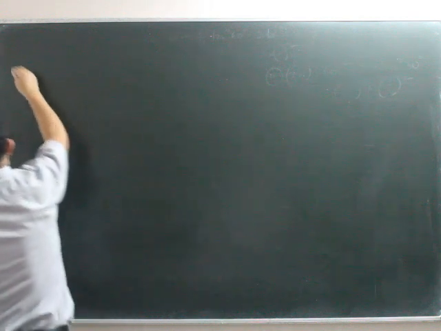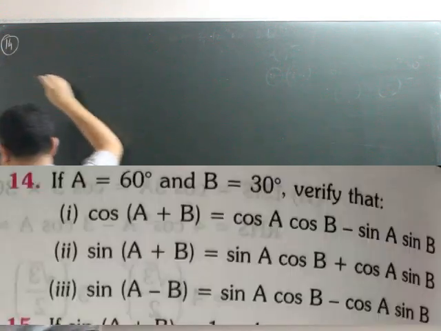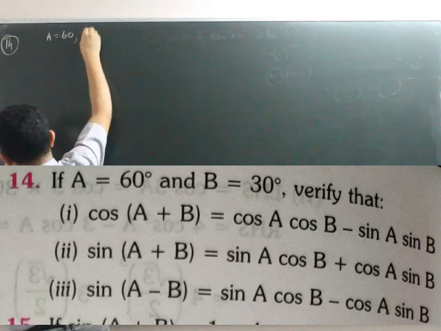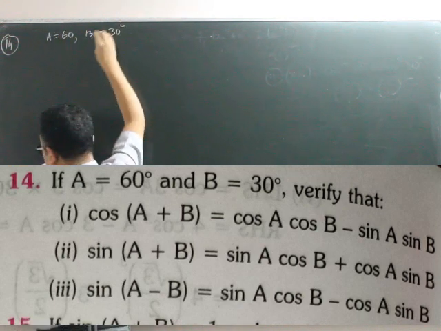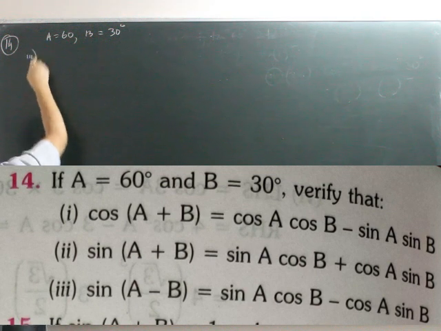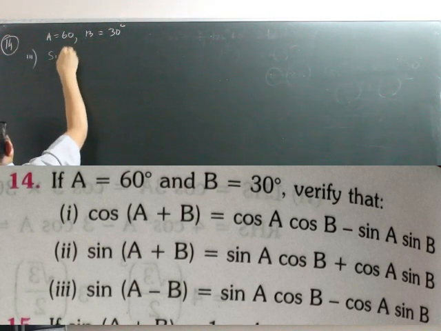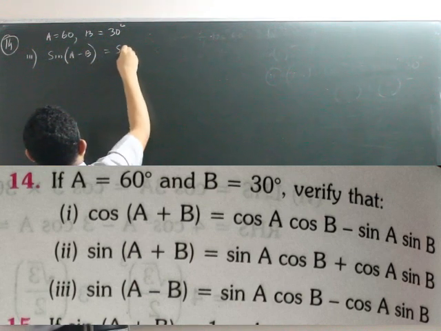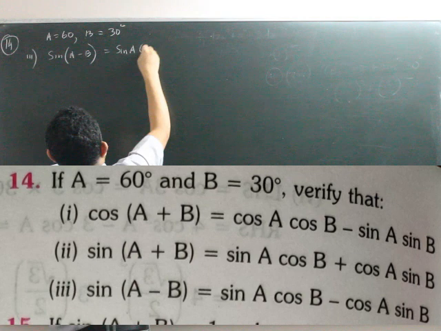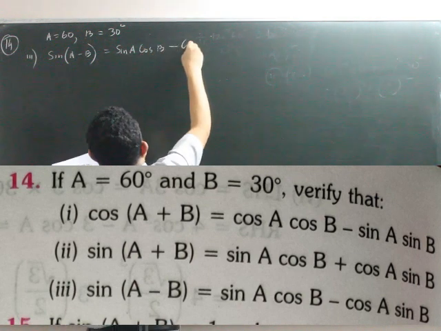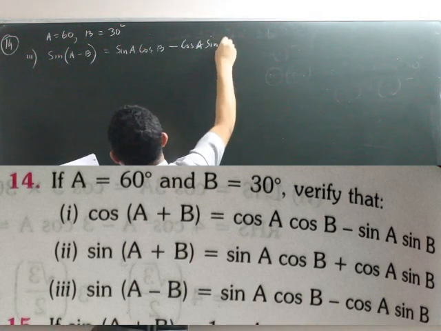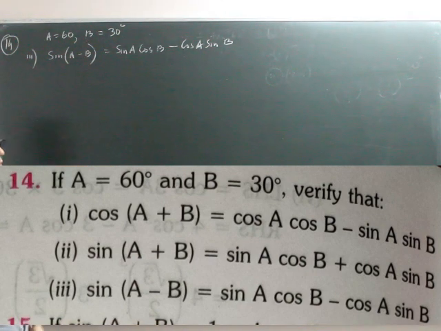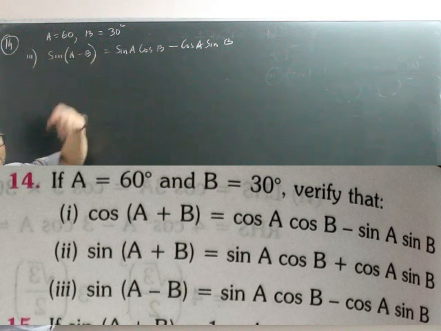They are saying if A is 60 and B is 30, then prove that sine A minus B is equal to sine A cos B minus cos A sine B. You learn this formula again in class 11, so you don't need to worry about it now. Here we are given angles, you only need to put the standard values of those angles and prove left hand side equal to right hand side.